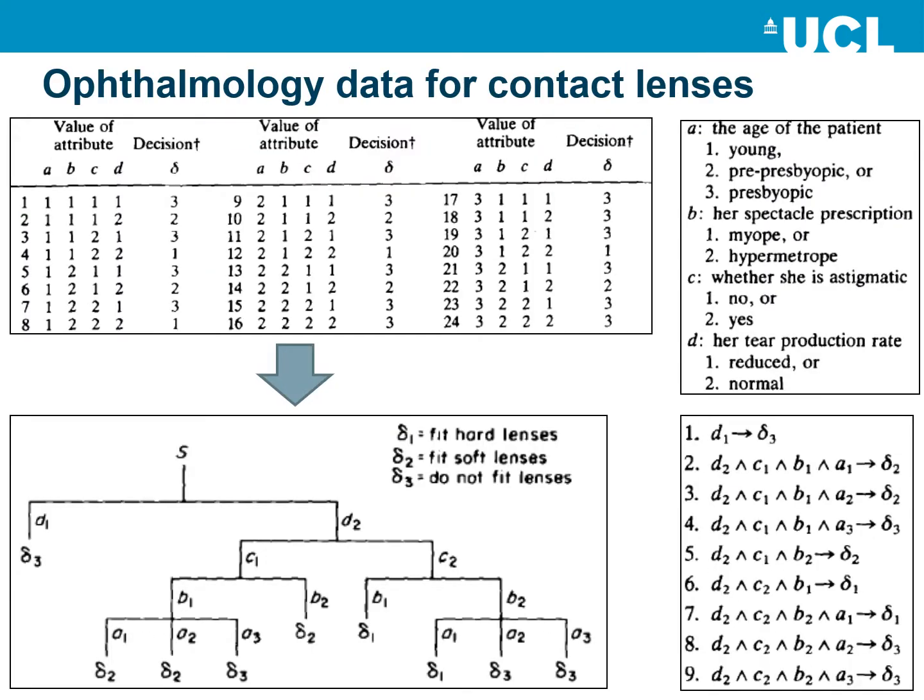Another example in ophthalmology. Consider you want to see whether a patient needs contact lenses or not. If you look at the individual lookup table here, you can see 24 different instances, 24 different cases, and you have a four-dimensional feature space, taking into account the age of the patient, her spectacle prescription, whether she is astigmatic, or her tear production rate.